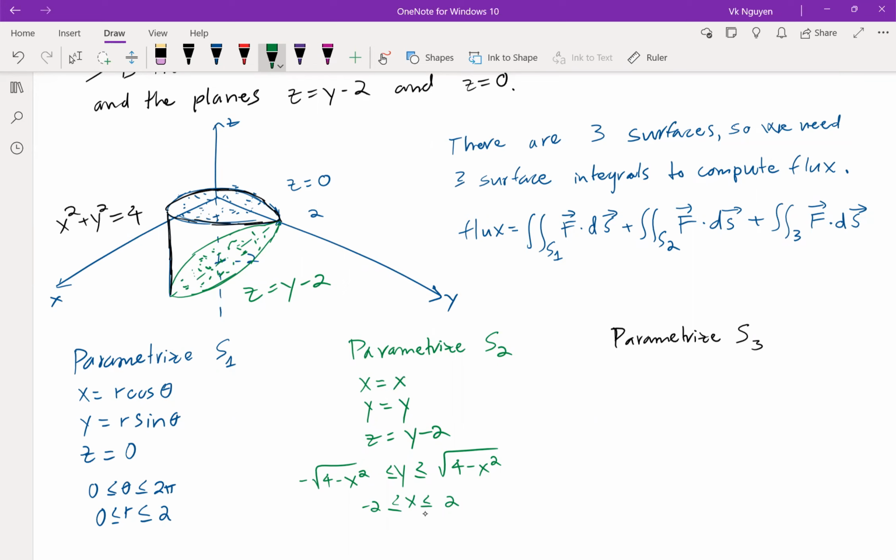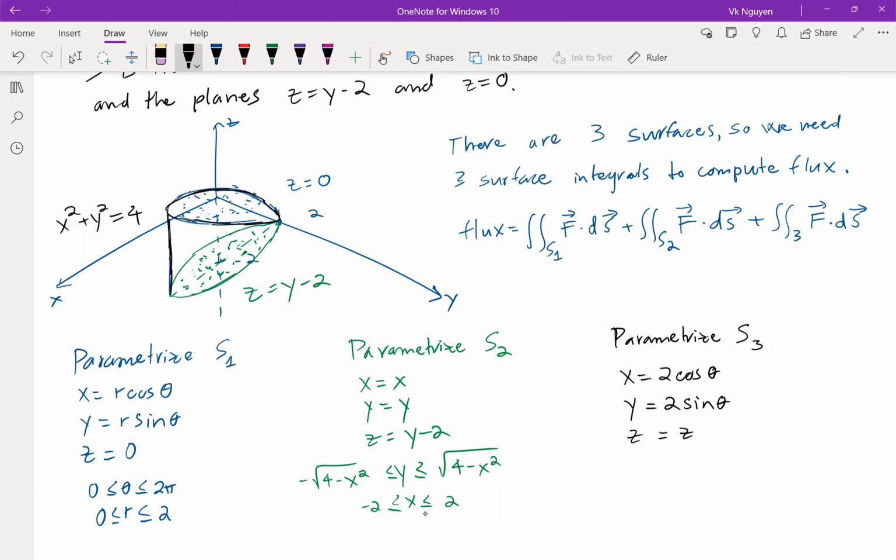Okay, the last one is you parameterize the cylinder, right? That is x equal to 2 cosine theta, y is equal to 2 sine theta, and then z is equal to z.